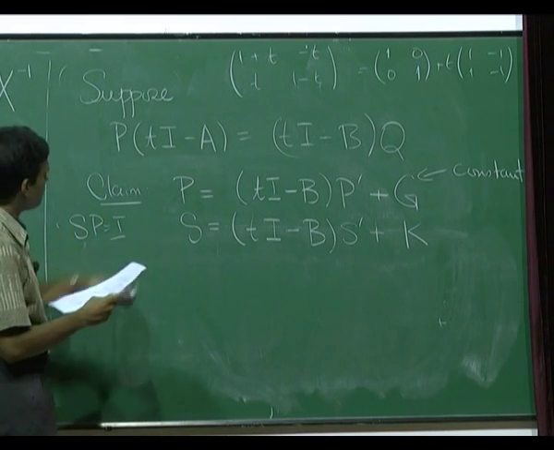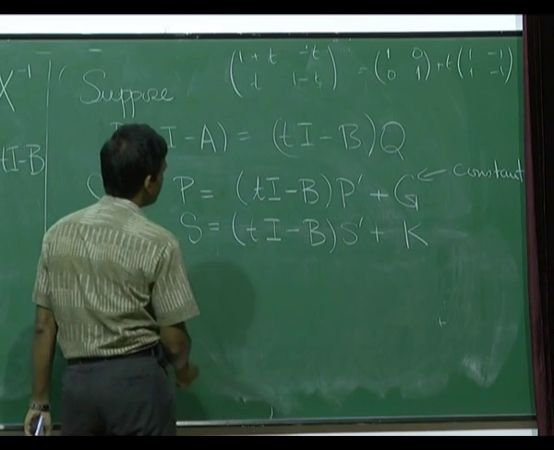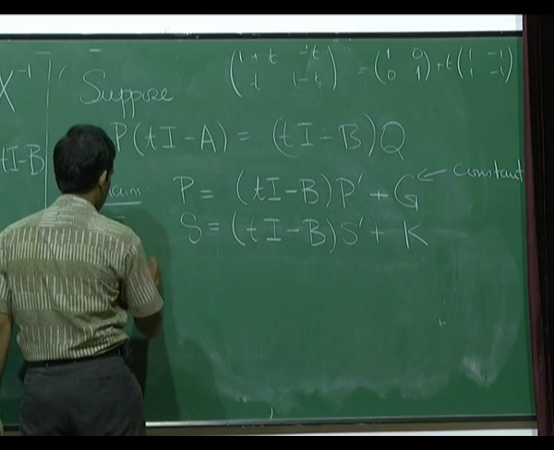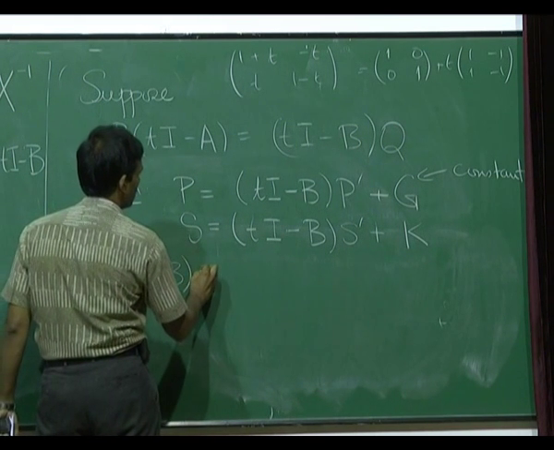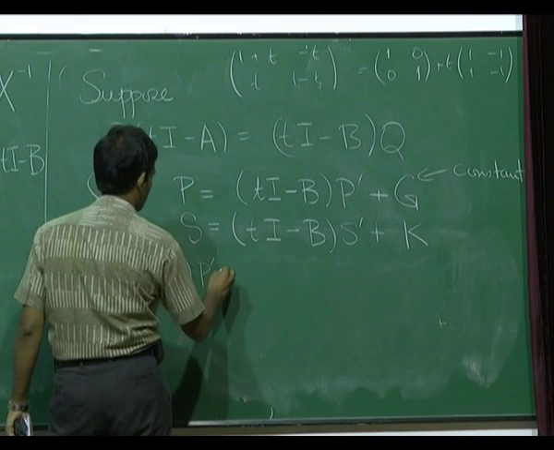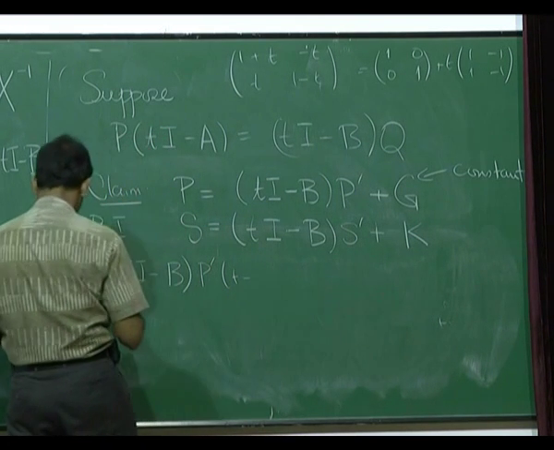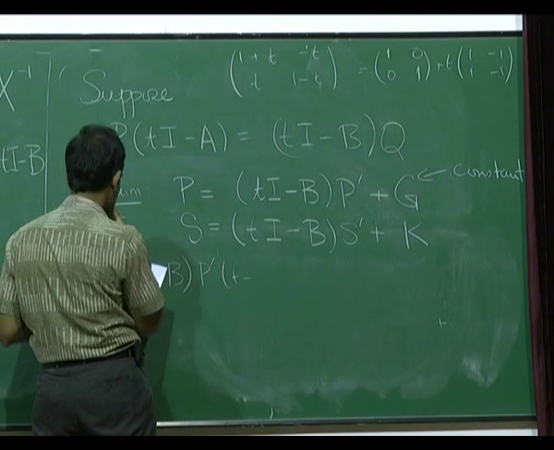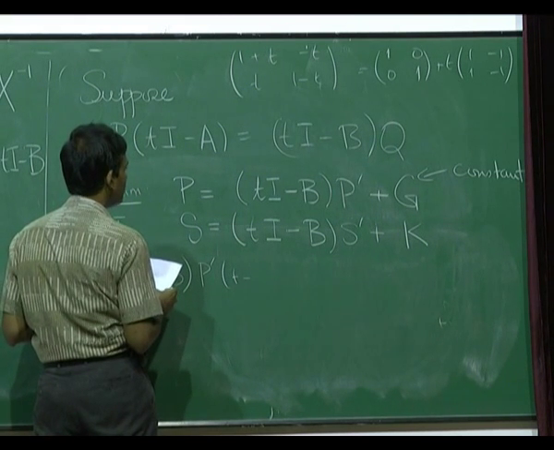Then if you use this SP equals I, what you get is that this times this is identity.